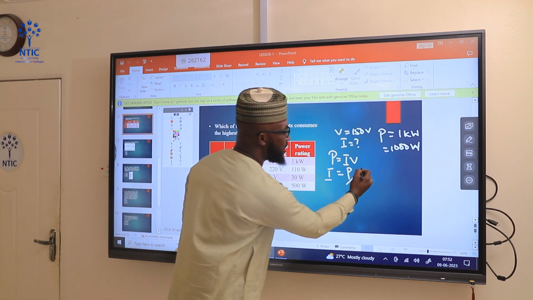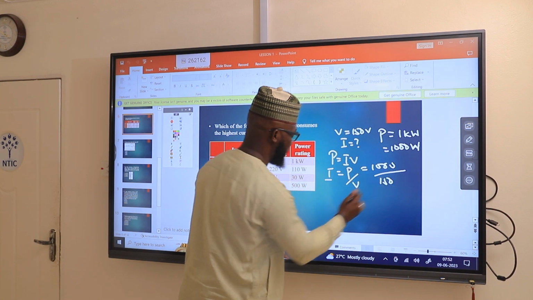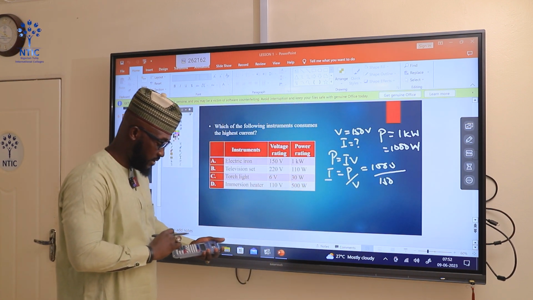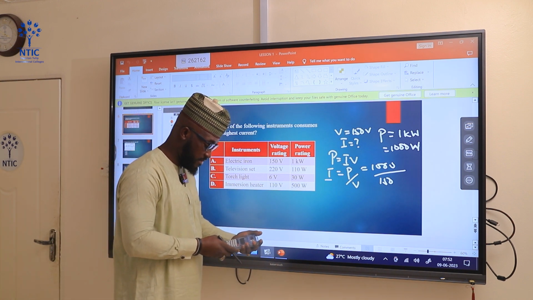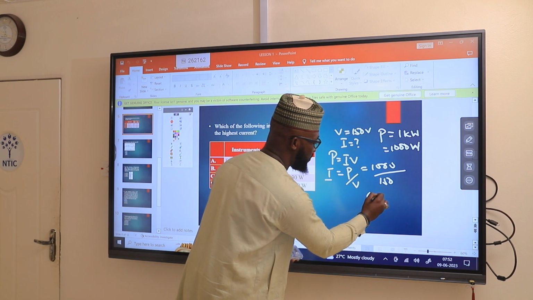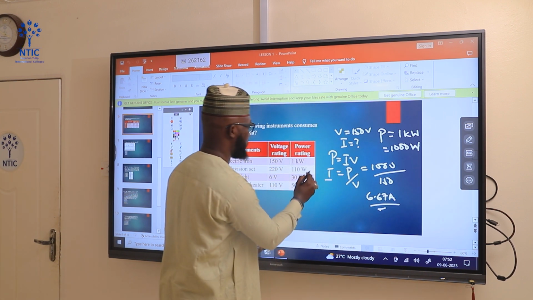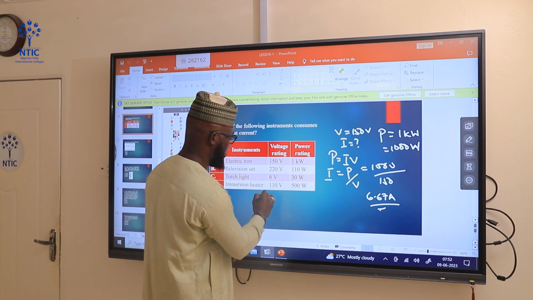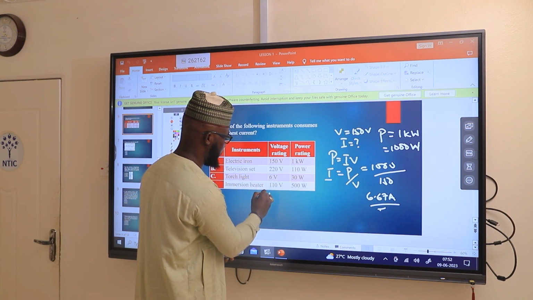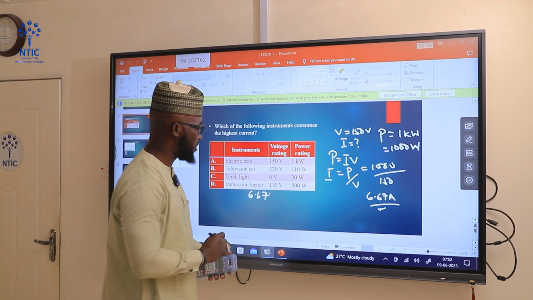So power is 1,000 all over V, which is 150. Going to our calculator, 1,000 divided by 150, we have 6.67 amps. That's for option A.